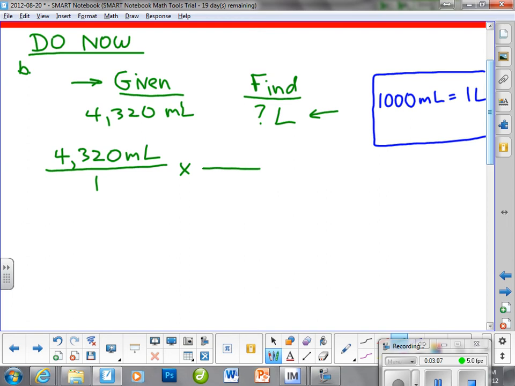So I know I'm going to be working with fractions, so let's go ahead and watch what I'm doing. Do this right along with me. I'm going to circle my mils and I'm going to put that same thing down here. Okay? Now I go to my sidebar. That's the information that I had to have to be able to solve the problem in the first place. And now in my sidebar, I have how many mils is equal to a liter.